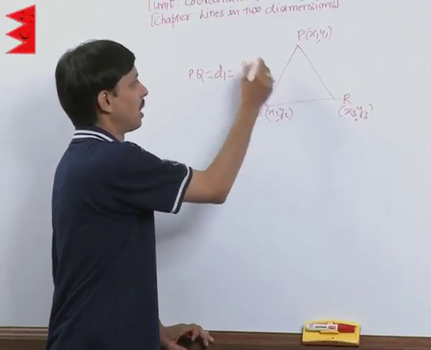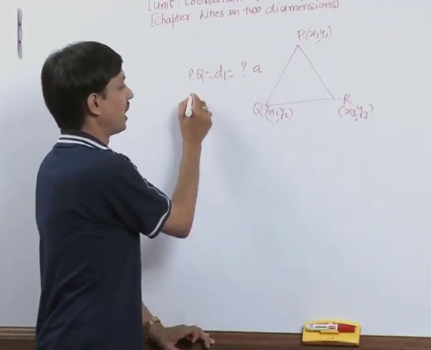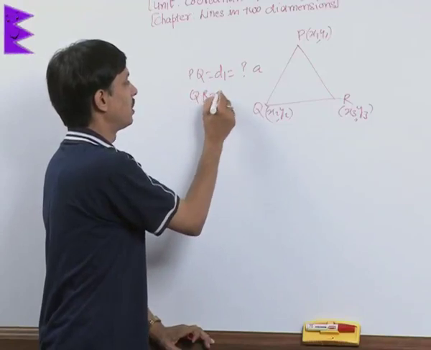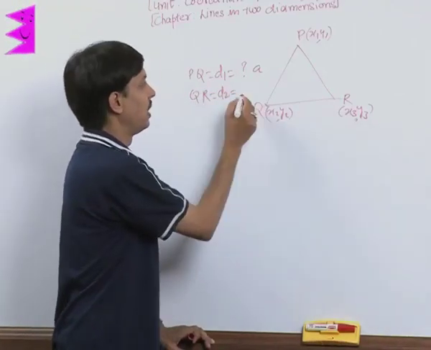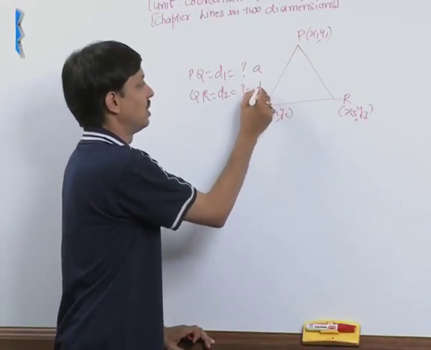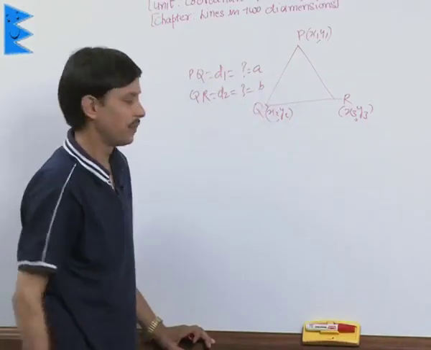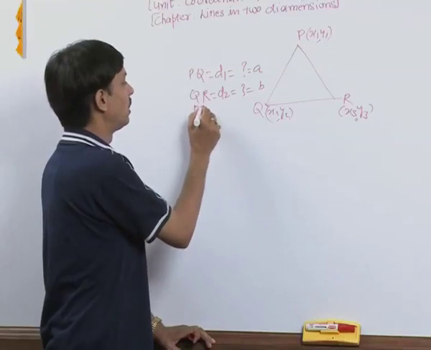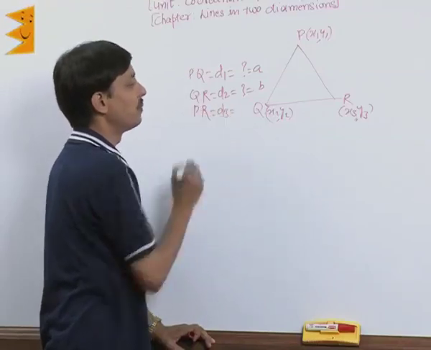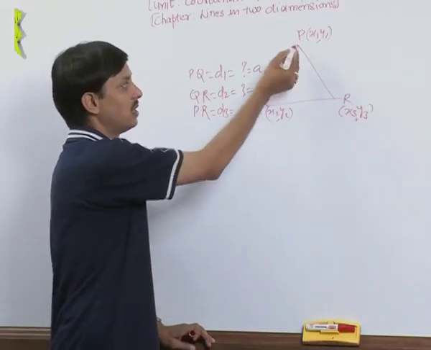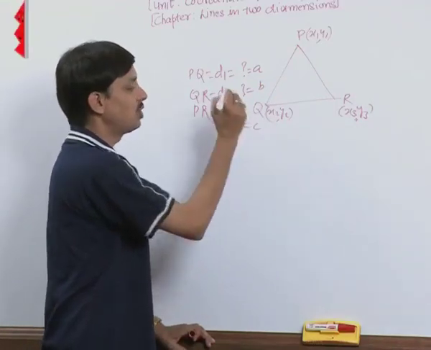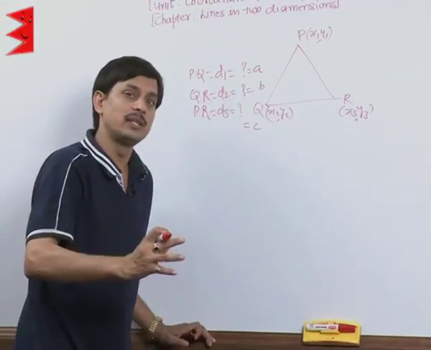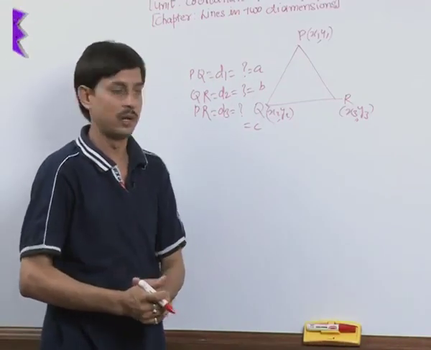Suppose this distance comes out to be A. Then we can calculate the second distance QR, suppose D2, again using x2, y2 and x3, y3, and suppose this distance is B. Now we will calculate the third distance PR, that is D3, by the same distance formula, and suppose that distance is C.